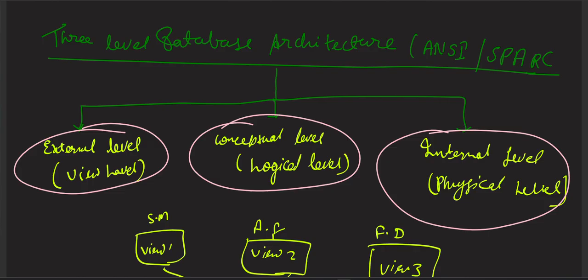We also saw that it helps in data abstraction and data independence, with its two types, physical and logical, and how it improves flexibility, security, and maintainability of the database. So this is all about today's lecture. In the next lecture we will discuss the next concept of DBMS.